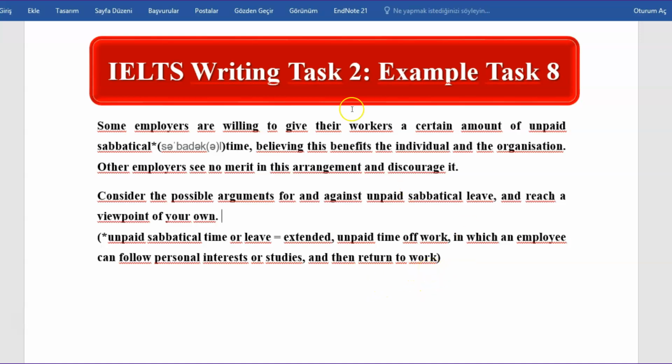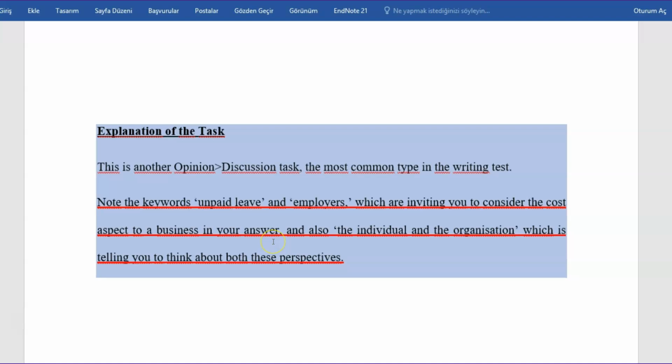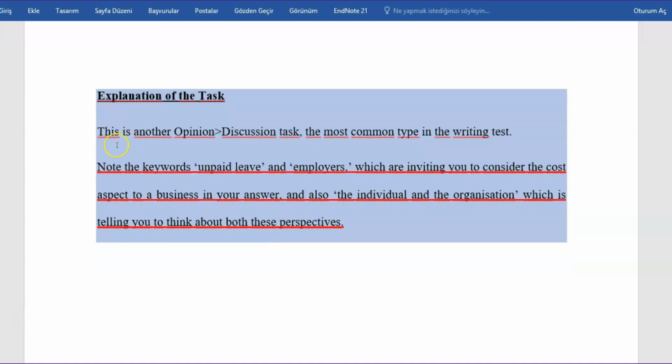Okay, pay attention, consider possible arguments for and against this and reach a viewpoint of your own. Regarding the explanation of the task, this is an obvious opinion or discussion type task, which is the most common type of task in writing task 2.